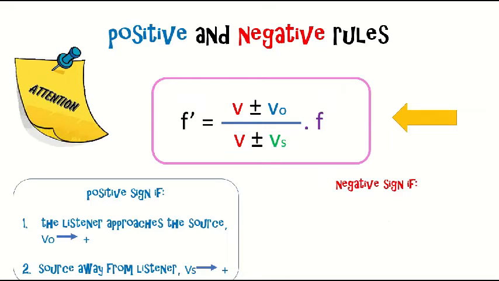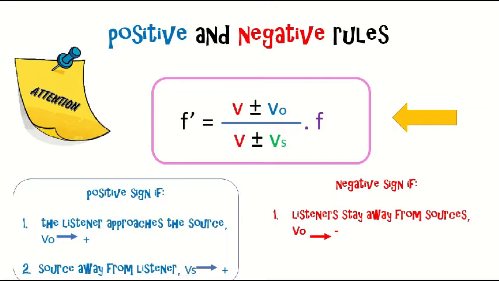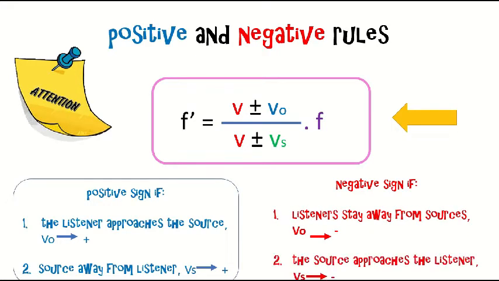Use the negative sign if the listener moves away from the source, meaning vo is negative, and if the source approaches the listener, meaning vs is negative.